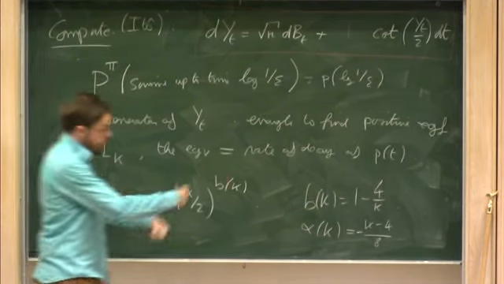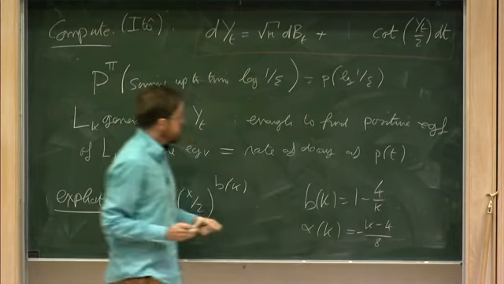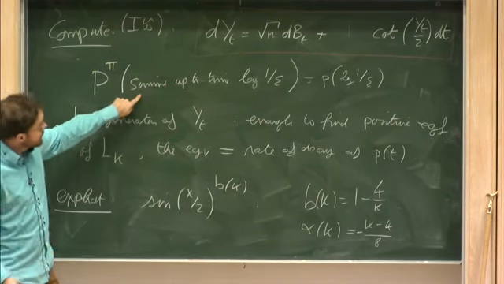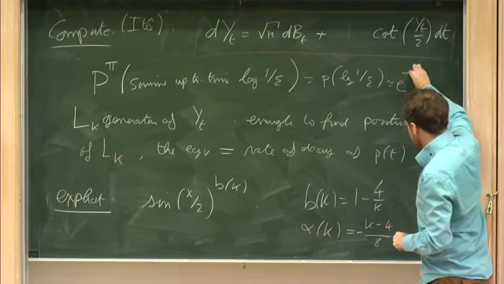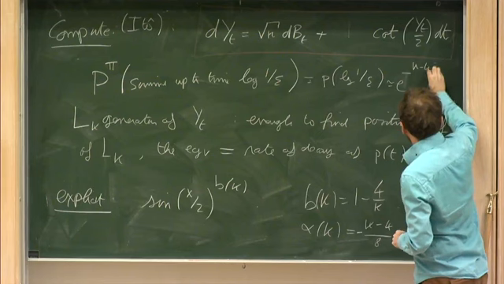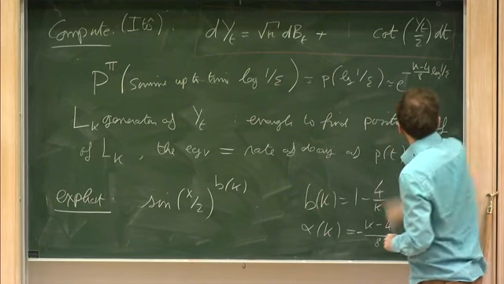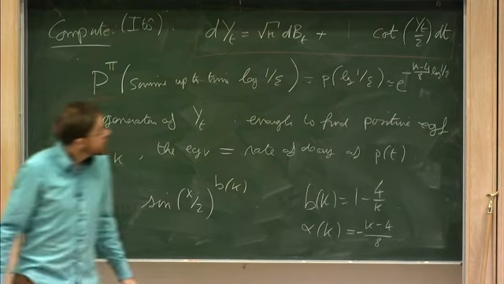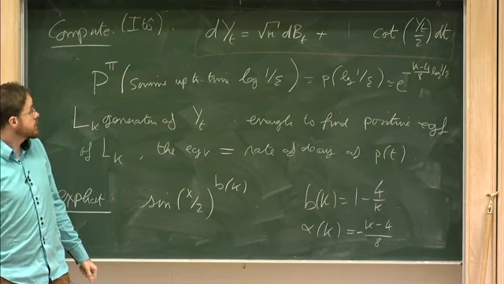So now you can unroll everything. The alpha of kappa is this. It gives you the rate of decay of this probability. So what you get is that this behaves like e to the minus kappa minus 4 over 8 times the log of 1 over epsilon. And that's it.